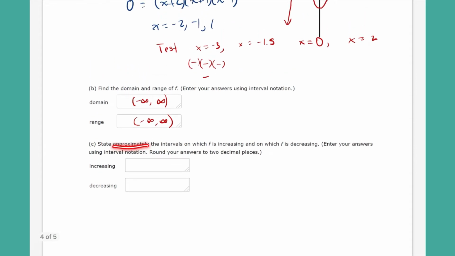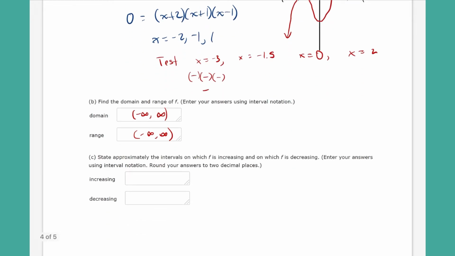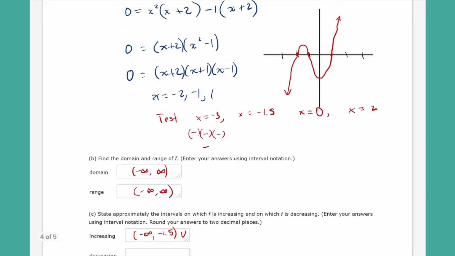All right, so it's just an approximation. Approximately, it's going to stop increasing right here, right? So let's call that -1.5. So from -infinity to -1.5, union, and these are always going to be open parentheses. Anytime you're dealing with increasing or decreasing intervals, it's always open parentheses. It's also going to be increasing from about here on, right?